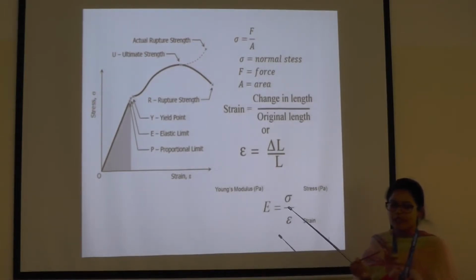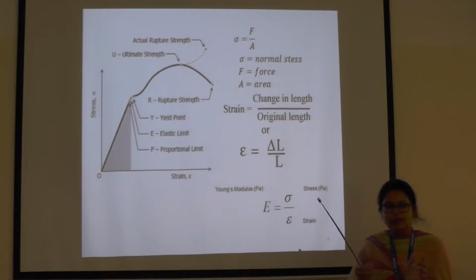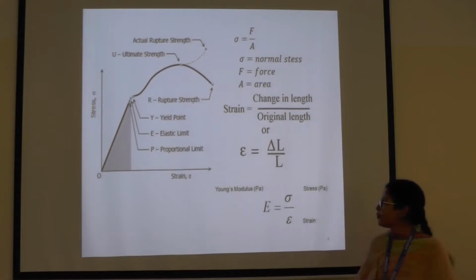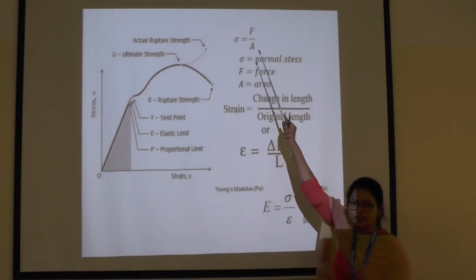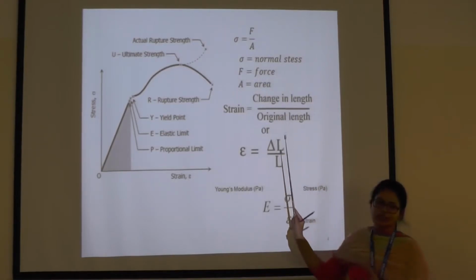If I point this tip to my body here, the stress induced is very high. Whereas if the same pencil has a larger cross section and I apply the load, my stress is reduced. Therefore, as the area of cross section increases, the stress is reduced, which is inversely related.